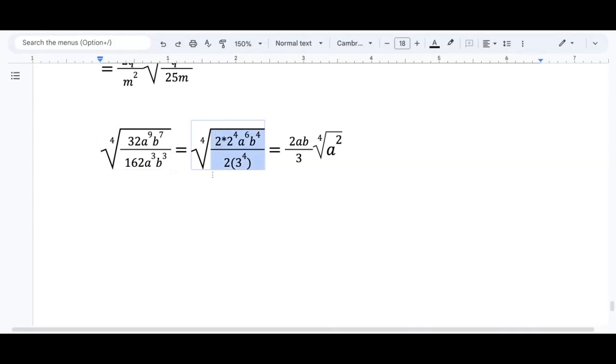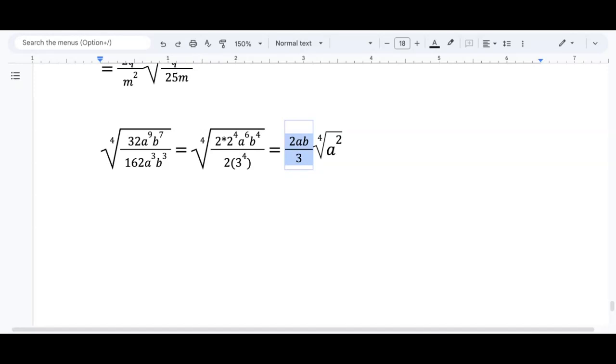So 2 over 2 becomes 1. So I have 2 raised to 4 over 3 raised to 4. You see, because the index is 4, I was counting for power 4. So 2 raised to 4 over 3 raised to 4, with the fourth index, we have 2 over 3 outside the radical sign.